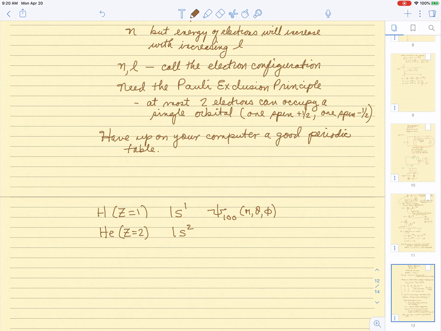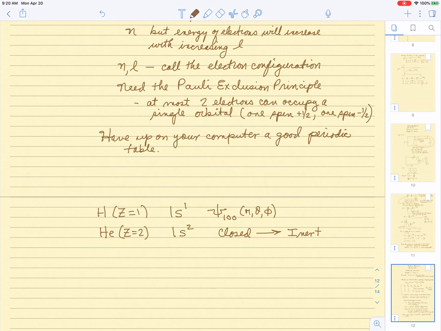Now, I want you to appreciate that this orbital is completely filled, right? And so we say that it's closed, and as a matter of fact, if it's closed, then it can't enter into any chemistry, and we say that atom is inert.